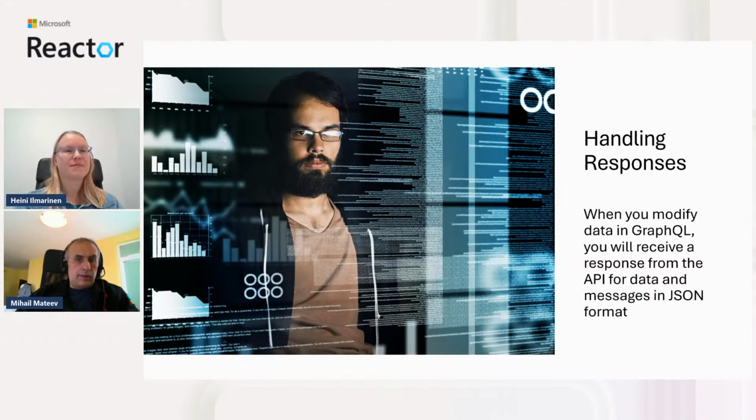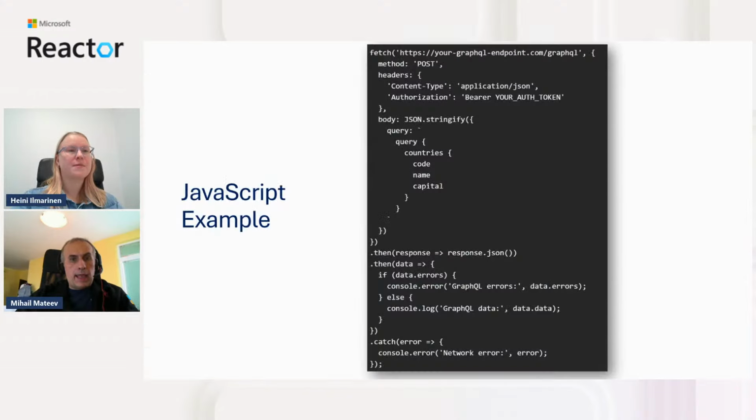So that's the most important related to handling of the responses. You can see on the next slide one sample with JavaScript, where we have request and response having an endpoint for GraphQL. You can have the same logic using a Microsoft Fabric GraphQL endpoint, or if you have another GraphQL server, again, GraphQL is not dependent on the platform where the GraphQL server is implemented.